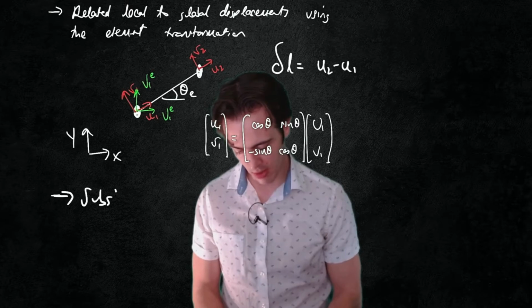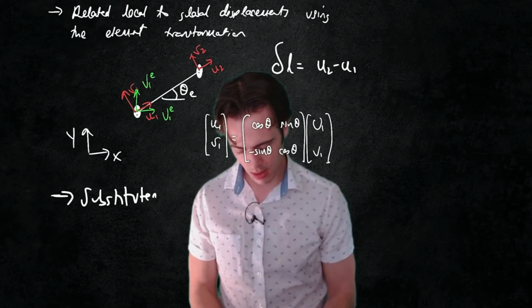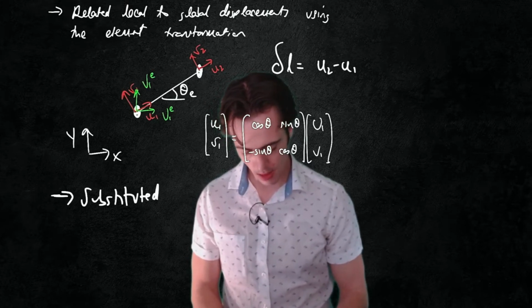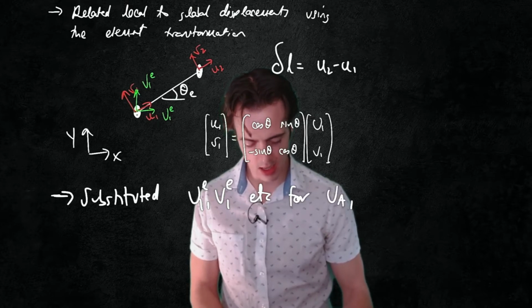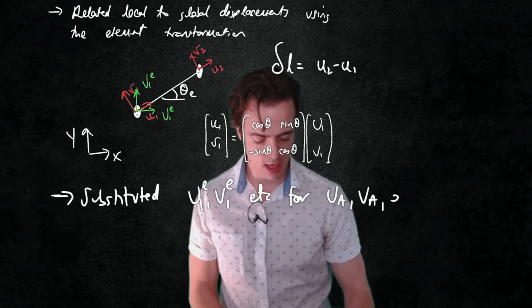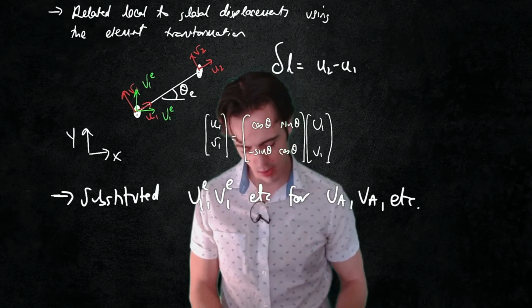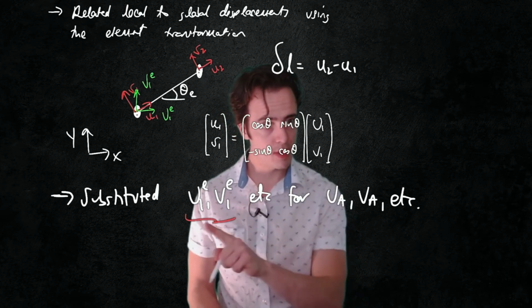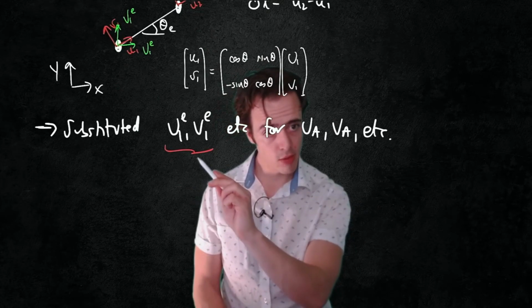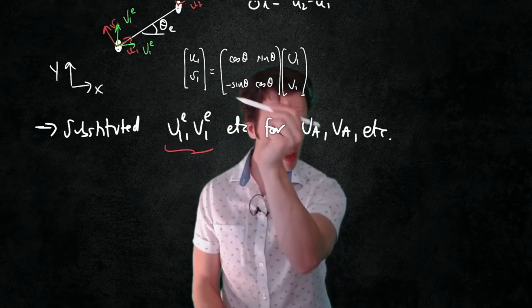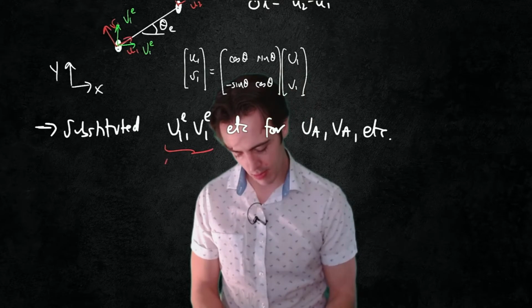So we substituted u1, v1, etc. for ua, va, etc. So these were, when we had them in this format, the global directions, but still just written as nodes 1 and 2 belonging to certain elements.